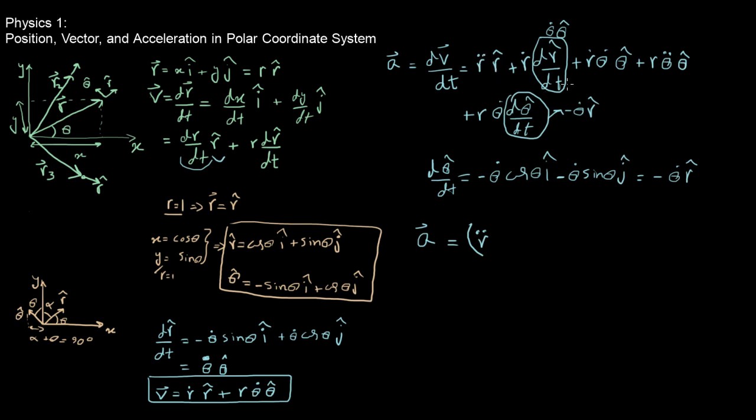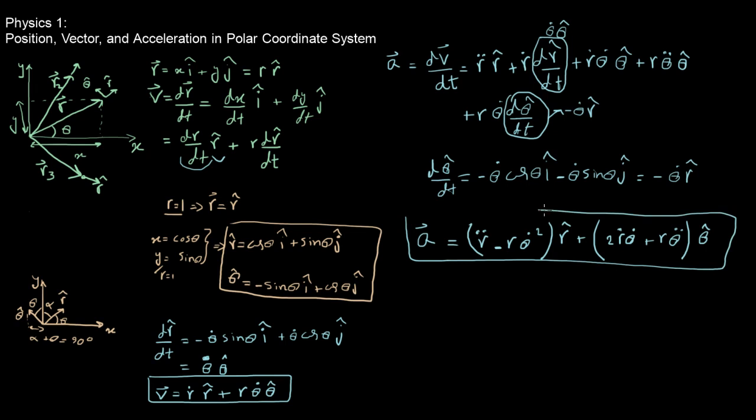So I have r double dot here, then I have minus r theta dot squared, r hat, plus, now put every coefficient of theta hat in one place, so r dot theta dot, and the same thing here, so there are two of them, 2 r dot theta dot, plus r theta double dot, theta hat.